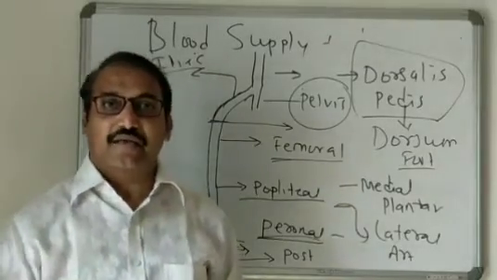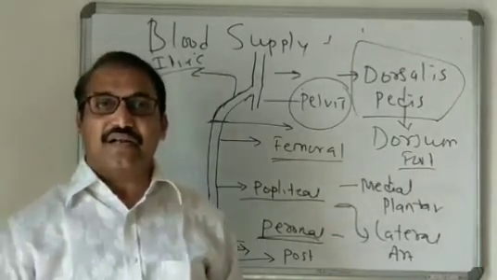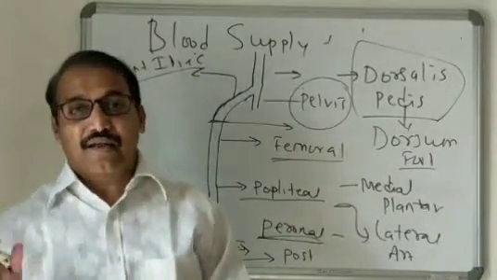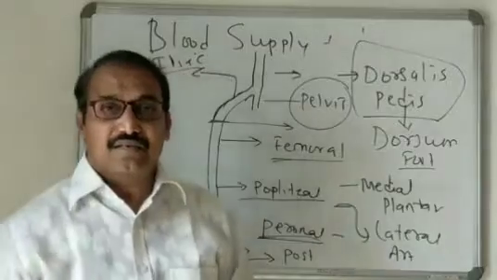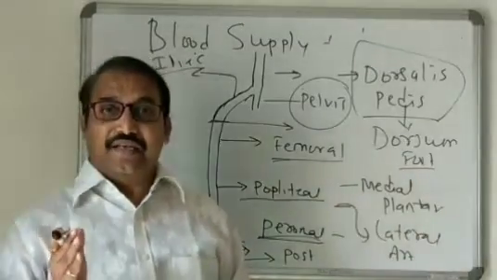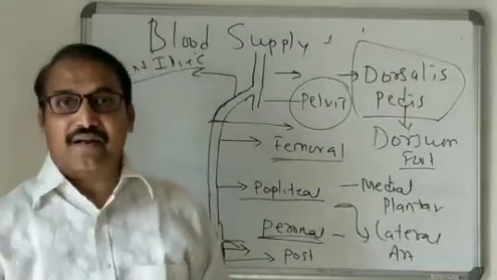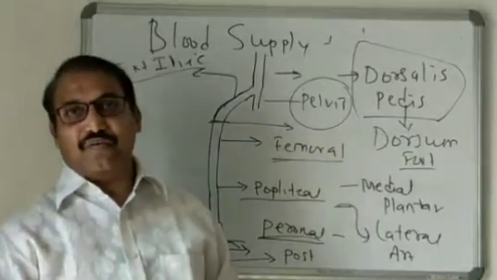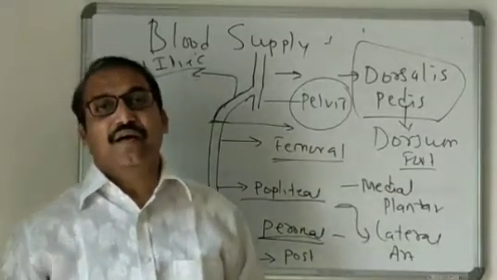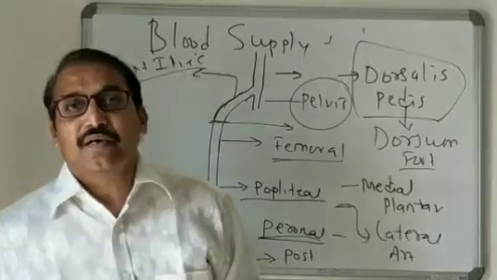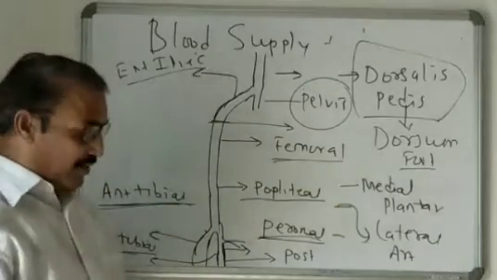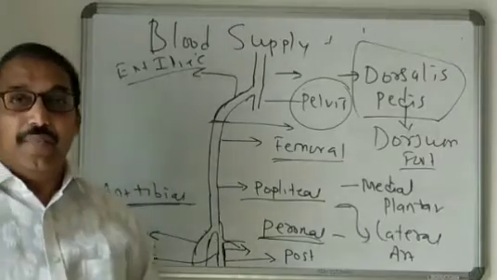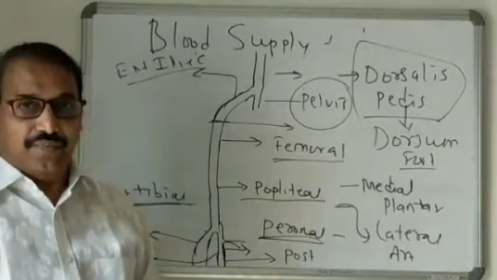On the medial side it gives two terminal branches: on the medial side the medial plantar artery, and on the lateral side the lateral plantar artery, and both arteries supply their respective regions. The medial plantar artery supplies the plantar aspect of the medial region of our foot, and the lateral plantar artery supplies the plantar aspect of the lateral region of our foot. So this is the complete idea about blood supply to the lower extremity.